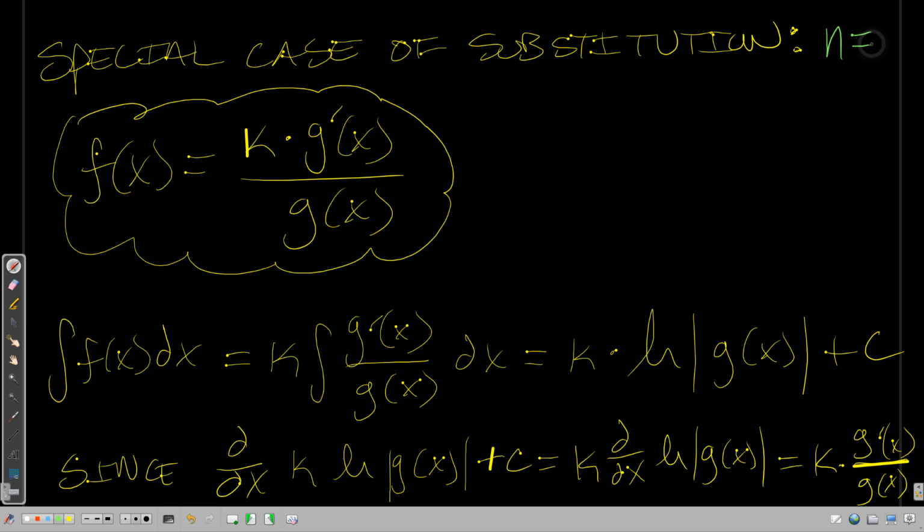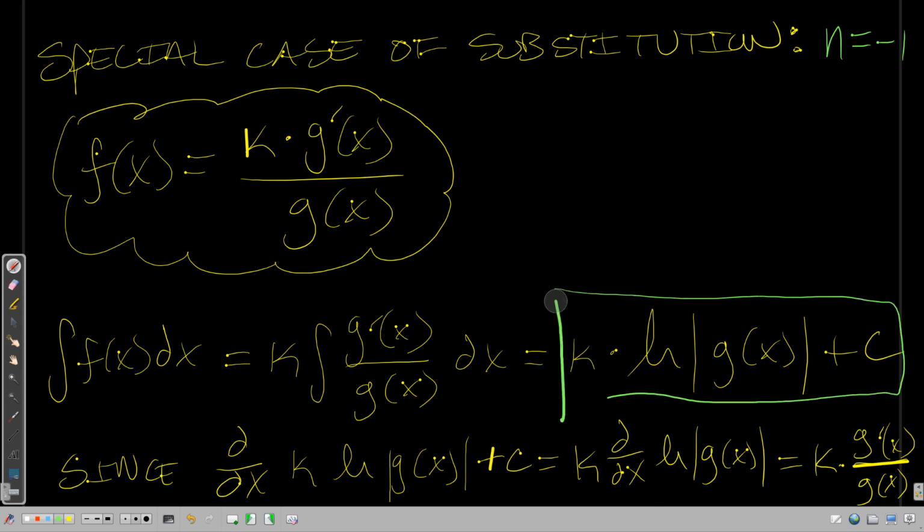A special case. This is the case where our n was -1. So if your function looks like a quotient of two functions where the numerator is a constant times the derivative of the thing in the bottom, then it will always integrate like this by substitution.